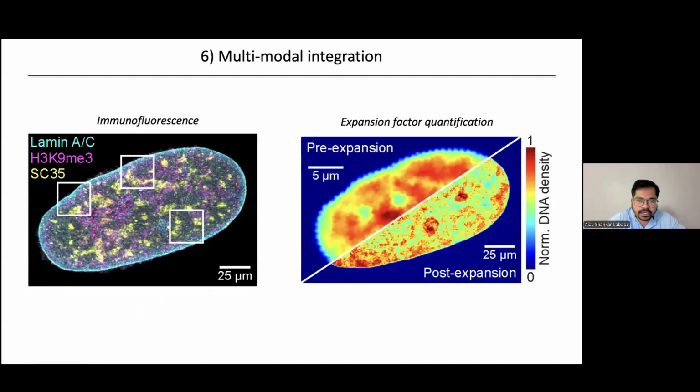Next, our challenge is to associate each of those dots that we saw with its associated mark, whatever we want to label. In this case, we have labeled lamin A/C, H3K9me3, which is a repressive mark, and SC35, which is an active mark, a speckle.